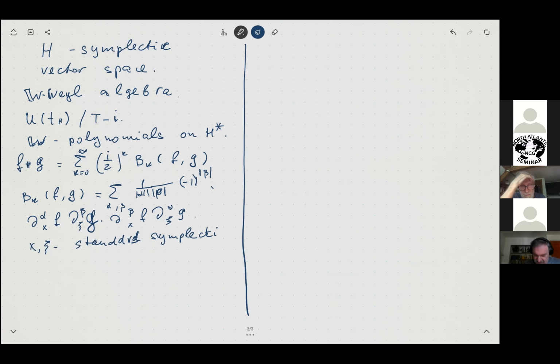There are some coefficients which have some factorials and signs, and let's say standard symplectic, well, let's say Darboux coordinates.